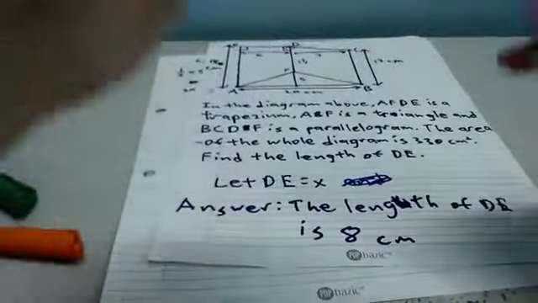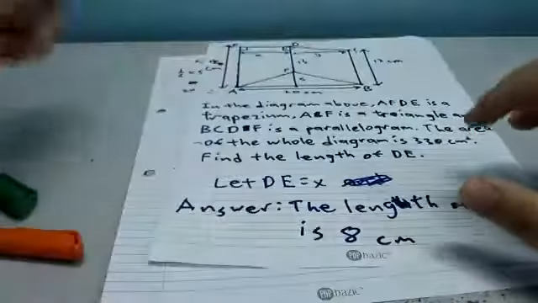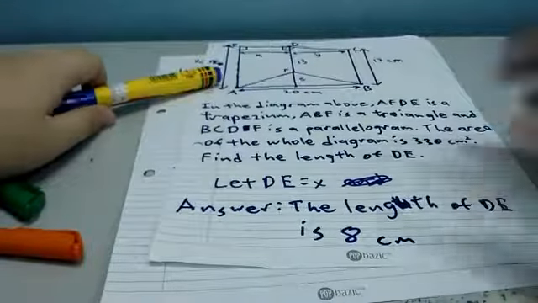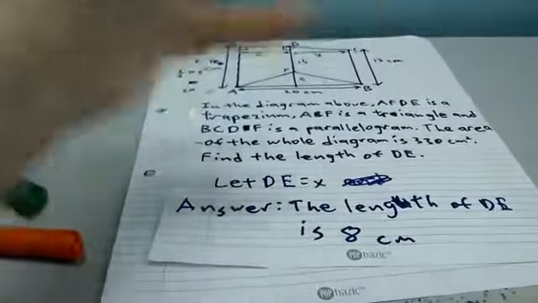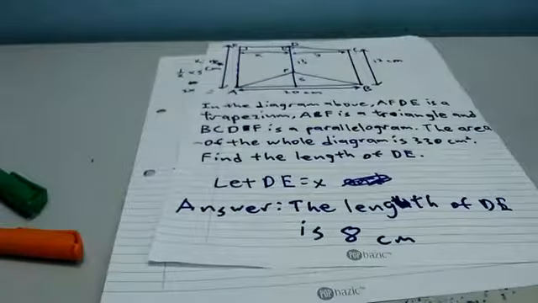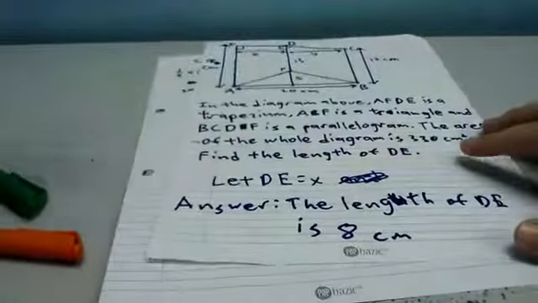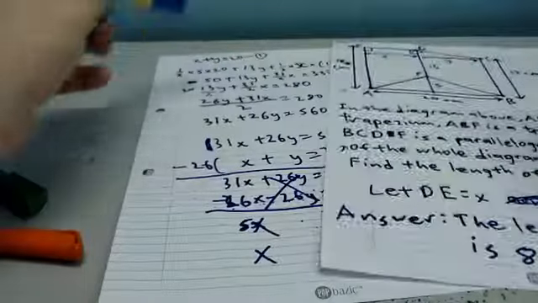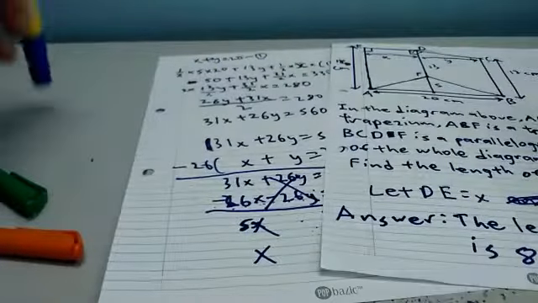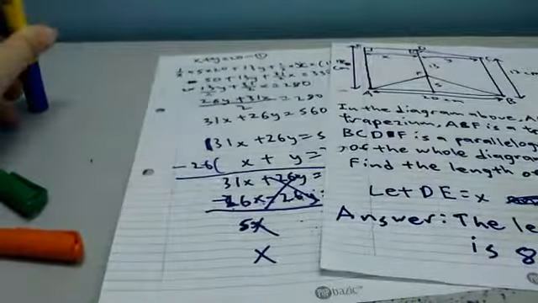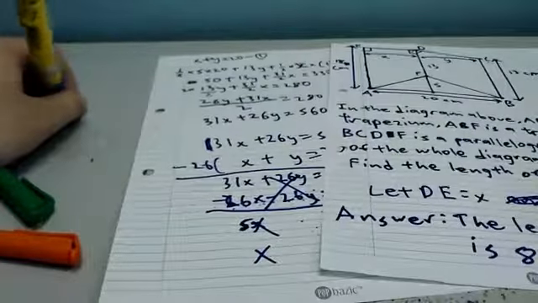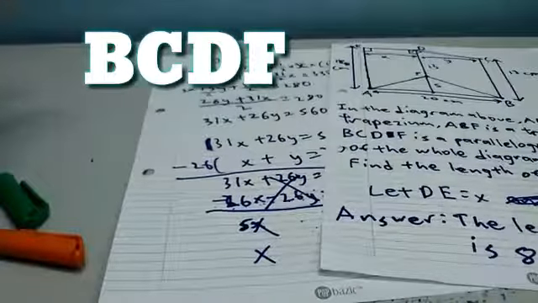Yes, we are done with the question. And if the question asks to find the height of the parallelogram BCDF, then you just substitute the value of x into this equation, find the value of y, and then you can find the height of the parallelogram BCDF.